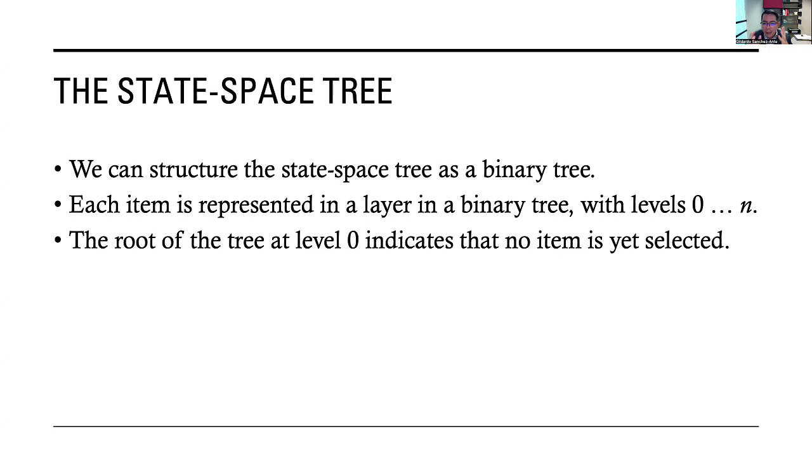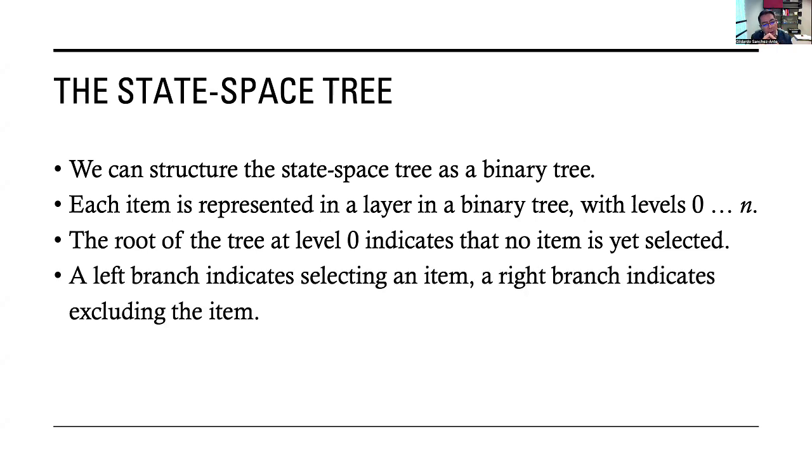The root of my tree is going to be, of course, at level 0, and it will indicate that no items are yet selected. So the knapsack is empty. I haven't taken anything, and we are prepared to start considering which of the items are going to be put into the knapsack. And this is a convention.